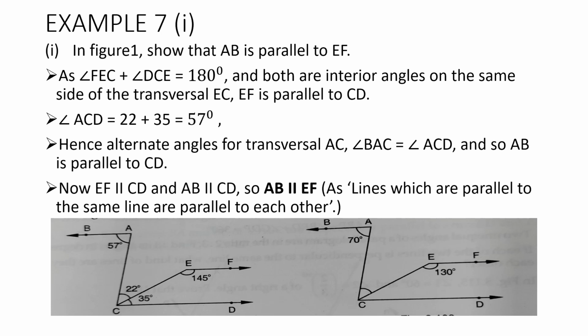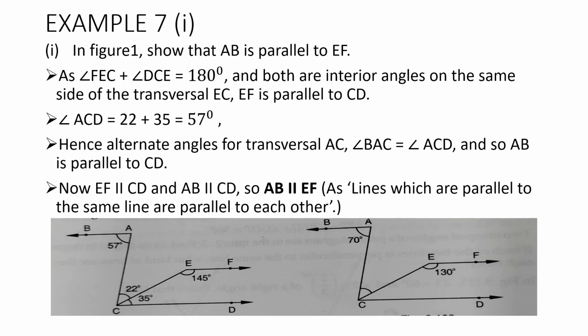First of all, angle FEC plus angle DCE. They are interior angles on the same side of the transversal EC, and you can see that their total is 180 degrees. So EF is parallel to CD. First of all, what we have obtained is EF is parallel to CD. Now also you have angle ACD.